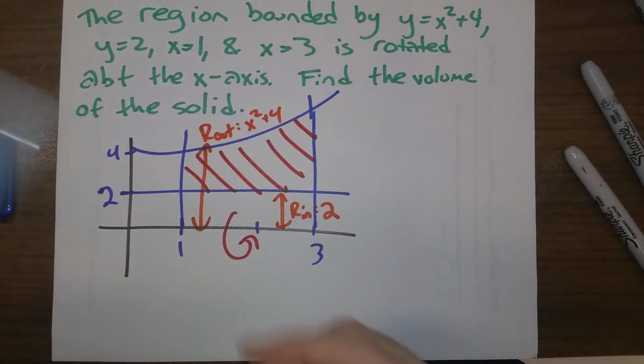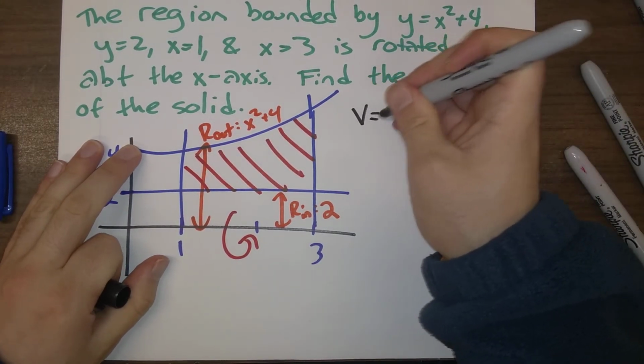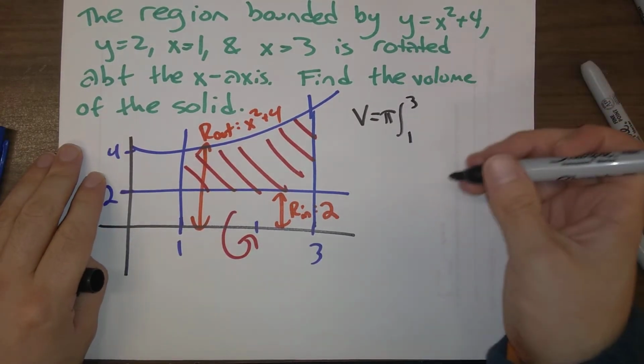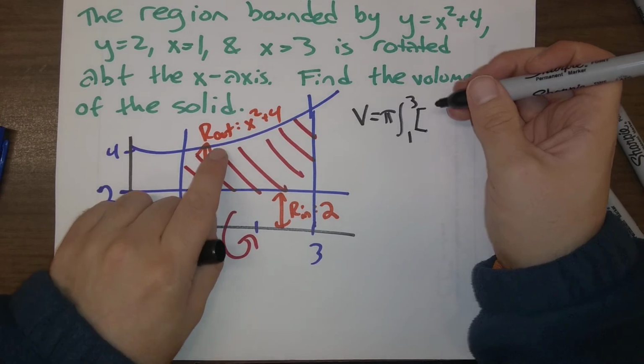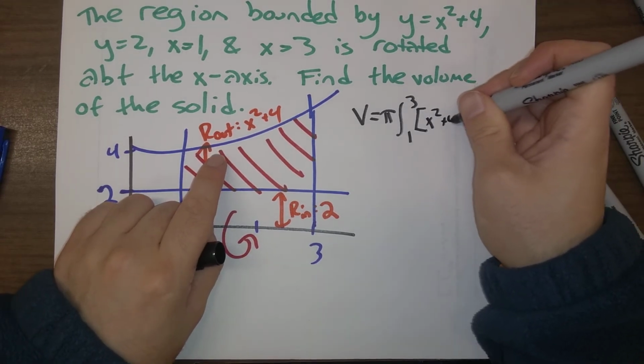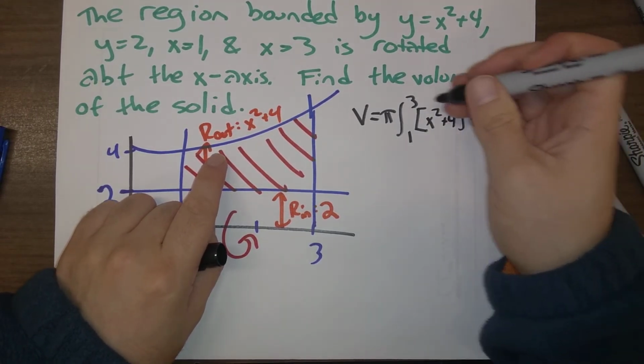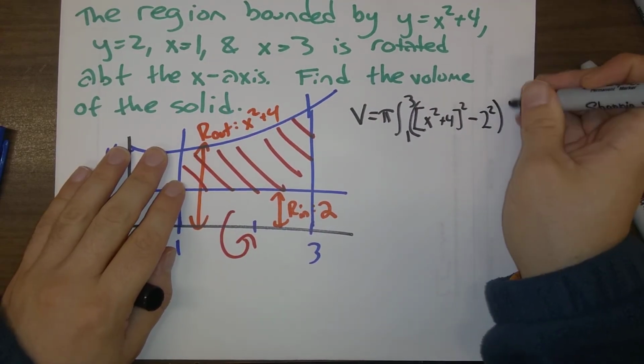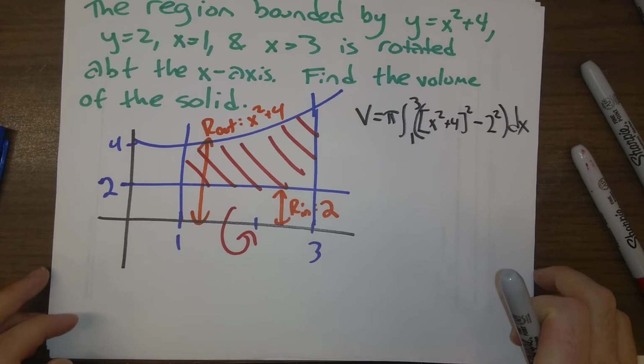So that's going to give us V is pi times the integral from 1 to 3 of the outer radius squared, so x squared plus 4 squared, minus the inner radius squared, so minus 2 squared, integrated with respect to x.